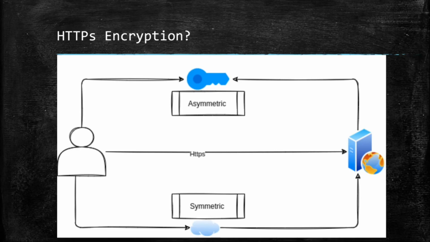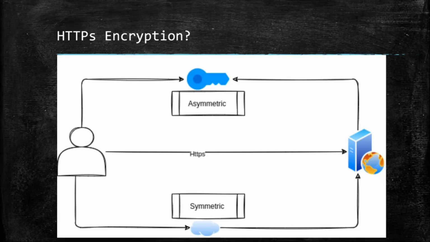It uses asymmetric encryption during the handshake to exchange the key, and symmetric encryption during the communication between the user and the server. It takes advantage of asymmetric encryption during the key exchange because it's more secure, and it takes advantage of symmetric encryption during the communication because it's faster.